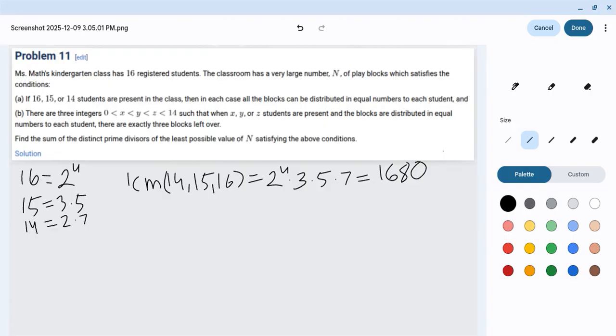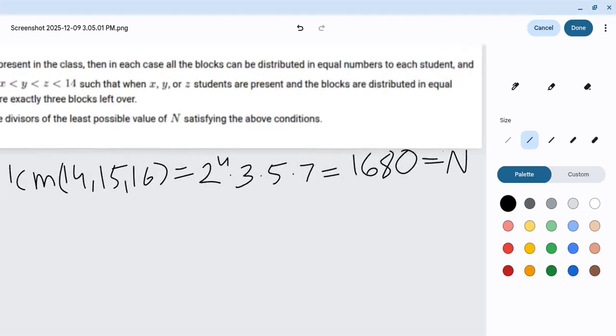Now, by the second condition, when you take n and divide it by x, y, or z, you're going to get a remainder of 3. That means that when you do n minus 3, that number is going to be divisible by x, y, and z.